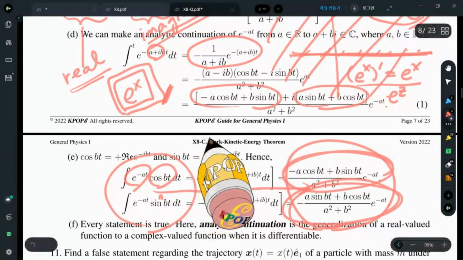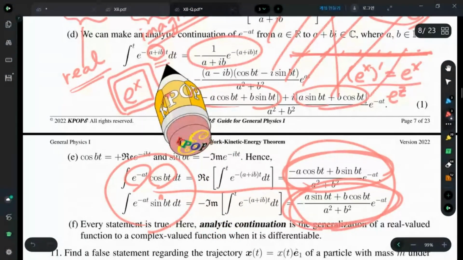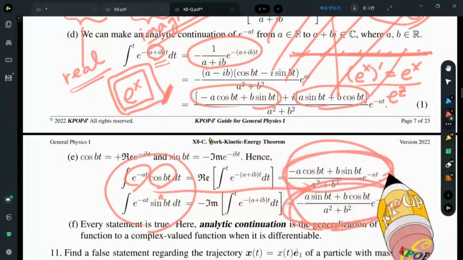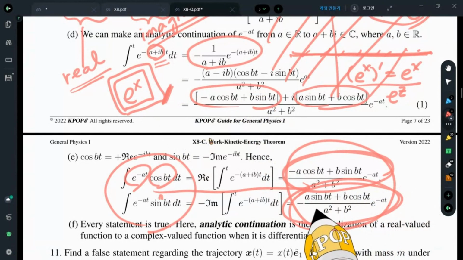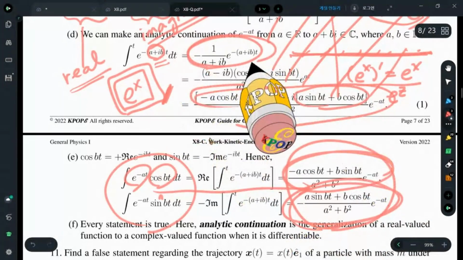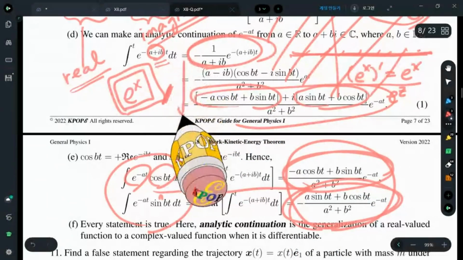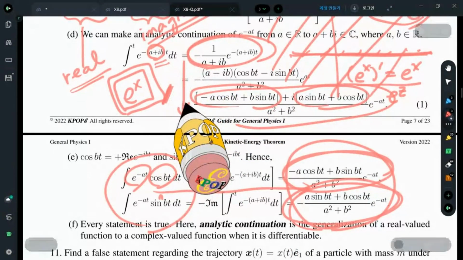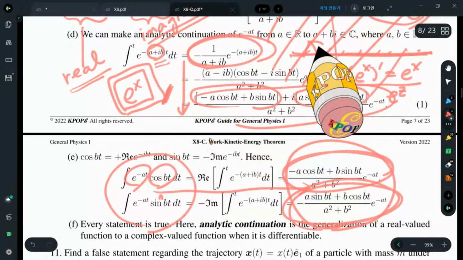Even in the next semester, if you are not acquainted with the complex variable, you have to work very hard by carrying out tedious calculation. This expression and this expression are equivalent. However, derivation from here to there is quite straightforward. However, derivation from this to there is very complicated.